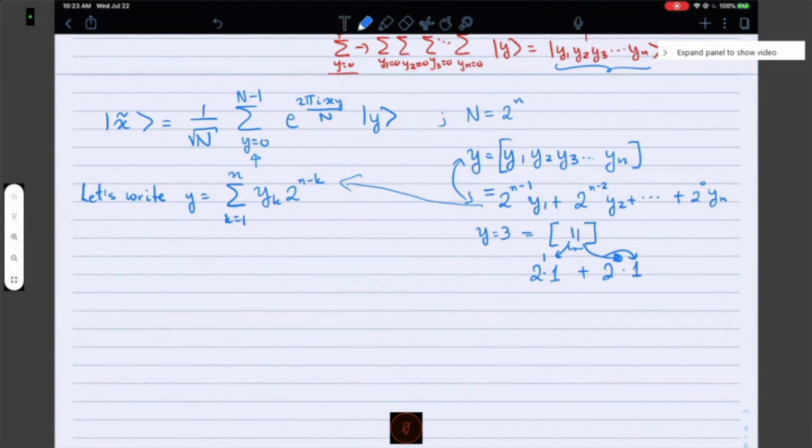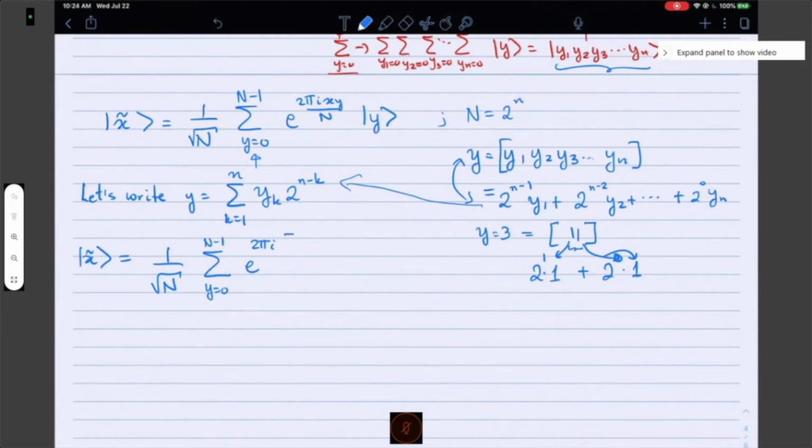Then x tilde becomes 1 over square root of N, sum, so now notice how y is going from 0 to N minus 1 here. And we have e to the 2 pi i. And now is the part where we need to be a bit careful, right?